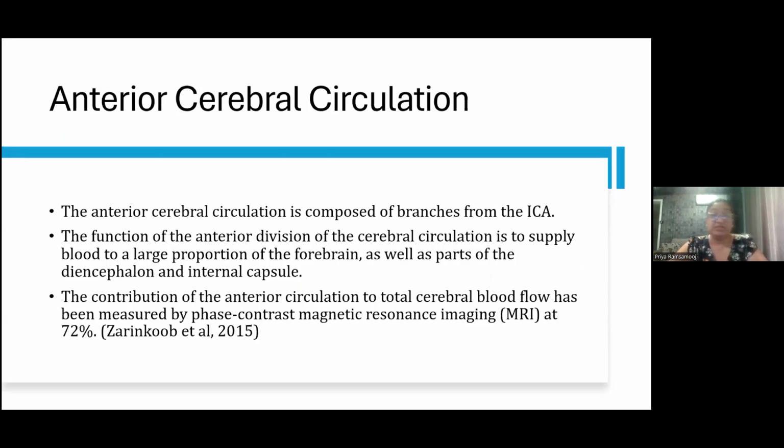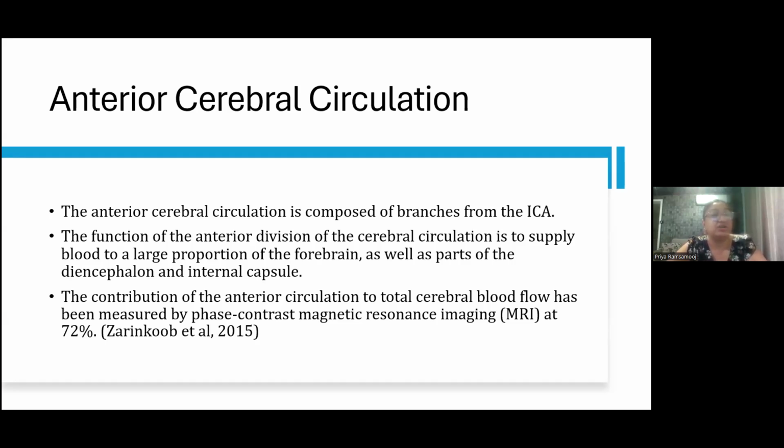So continuing on to the anterior cerebral circulation, which is the basis of the talk today, we know it's composed of branches of the ICA, but particularly the ACA, the middle cerebral artery, and the anterior choroidal artery are highly prominent and pathophysiologically significant.